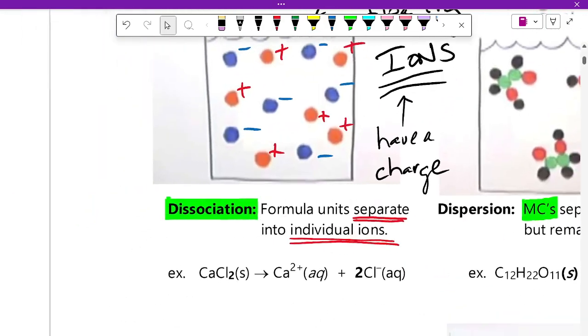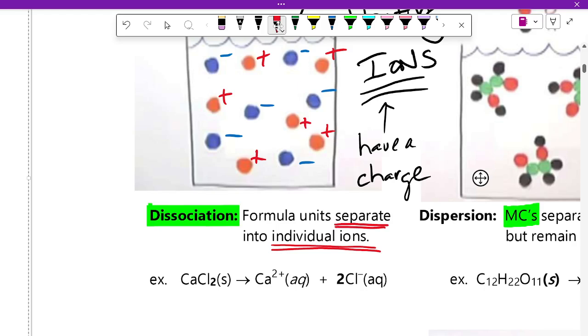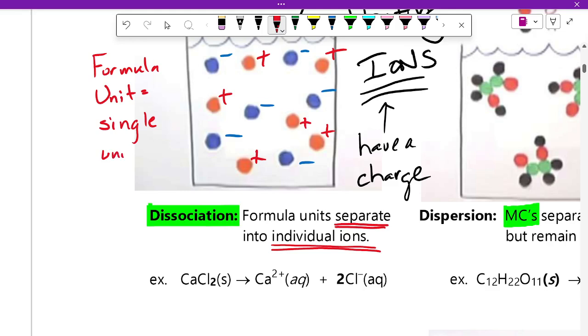So let's find a space where we can write this. A formula unit is a single unit of an ionic compound. It's almost like a molecule, but for an ionic compound.